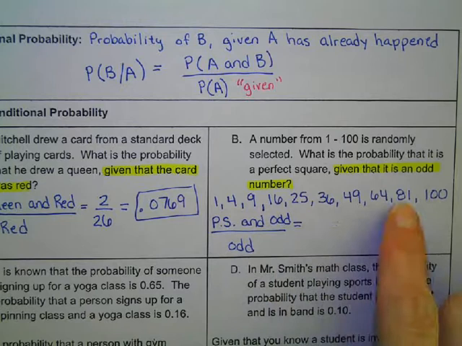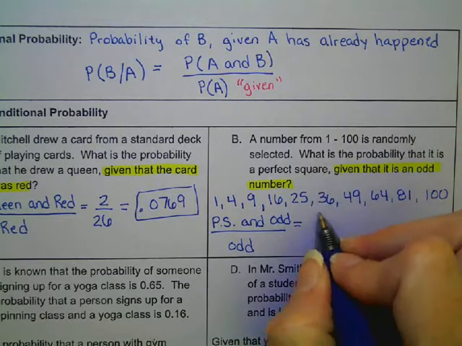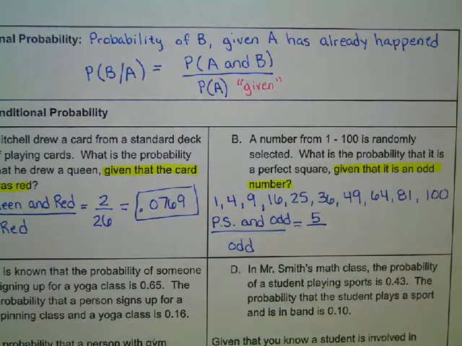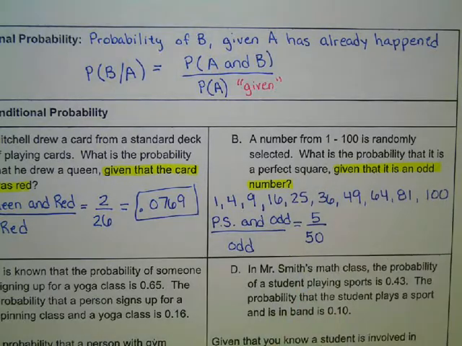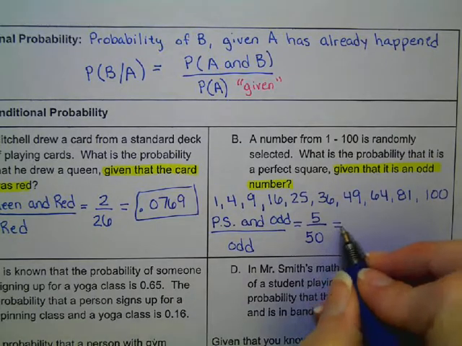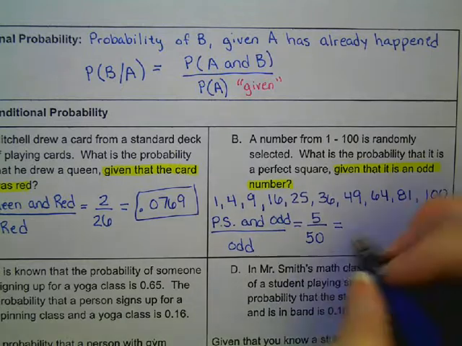So we have 5 perfect square odd numbers over how many odd numbers there are from 1 to 100. Well, half the numbers are even, half are odd, so we're going to say there are 50 odd numbers. If you wanted to do fractions, I would reduce that to 1/10, but we have been just doing decimals, so 1/10 is 0.1.